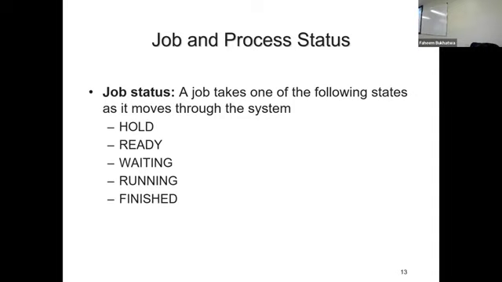So those are the steps or stages or states that a student goes through, but also a process going into a system. Every time you run a program, you double click on some icon to execute it, and it goes through those steps.